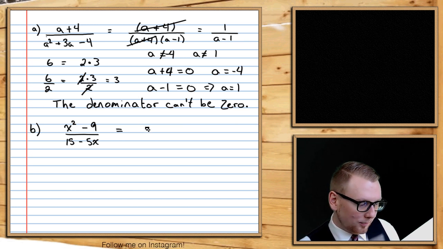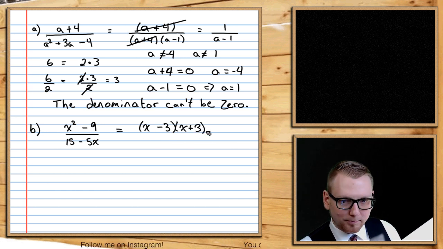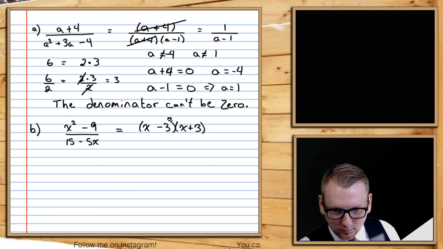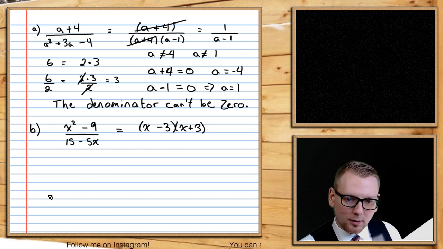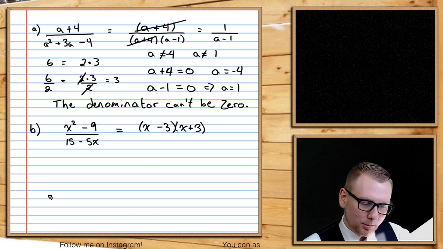So you would have x minus 3 and x plus 3, right? You should probably write it fully out. Write the parentheses so that I get what you're writing a bit better.